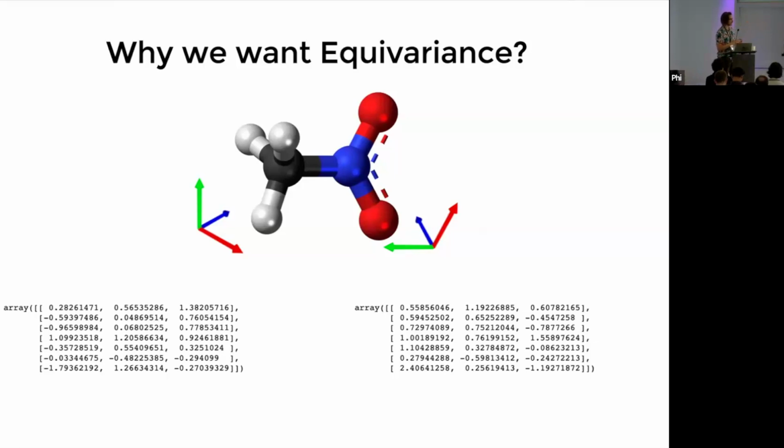If you just take a fully connected neural network to learn energies or chemical properties, your network will have to learn that these two representations are of the same object. The aim of imposing equivariance is to do this job for your model, to make your model know this from the start, before it even has to start learning.